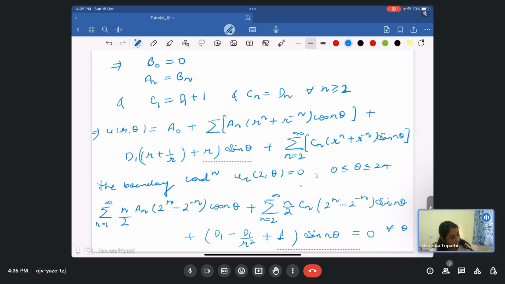Okay, now from here, if we compare both sides, then we will get an is equal to 0, cn is equal to 0, and d1 minus d1 upon r square plus 1 is equal to 0. Fine.